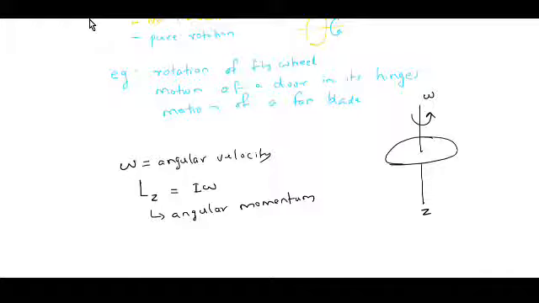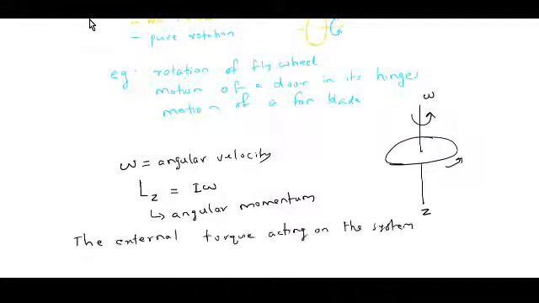Now, the external torque acting on the system. You know that if this object wants to rotate in this direction, some external torque must be acting on it. Let us write the external torque acting on the system as tau.